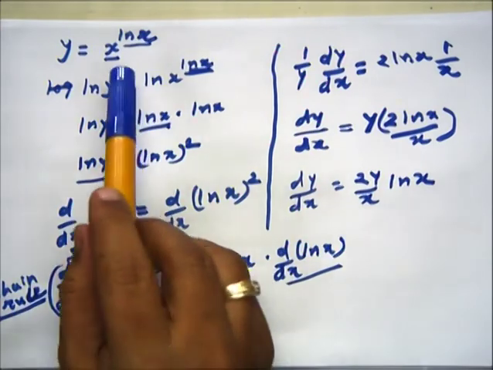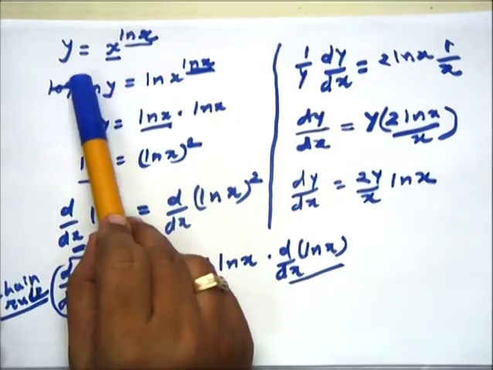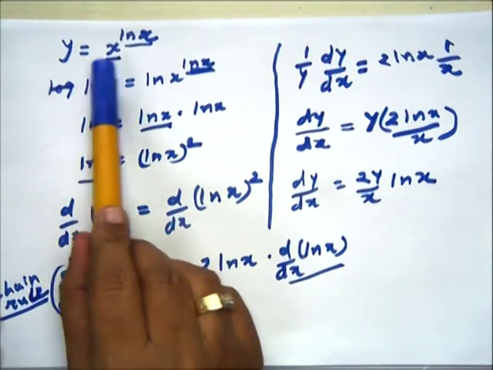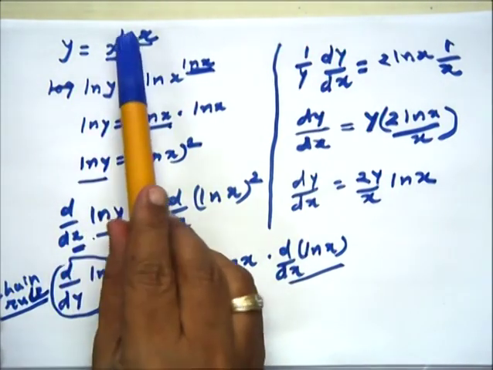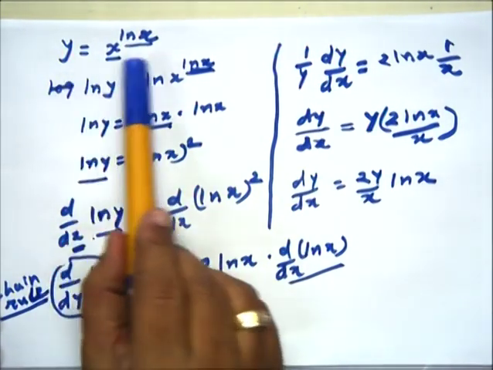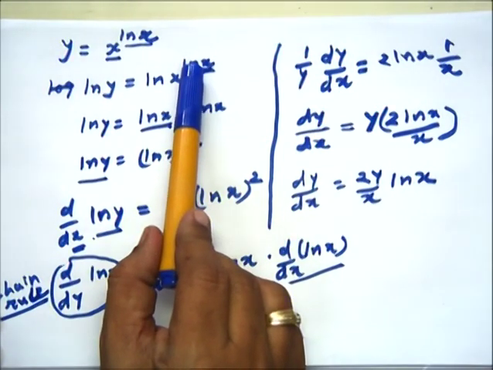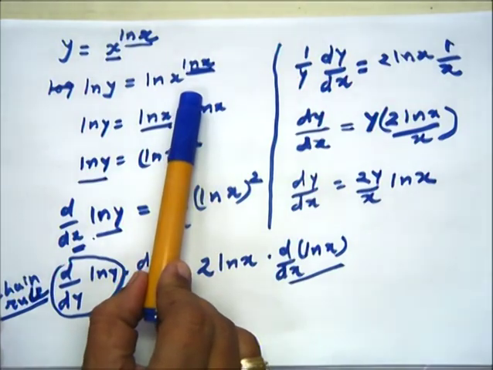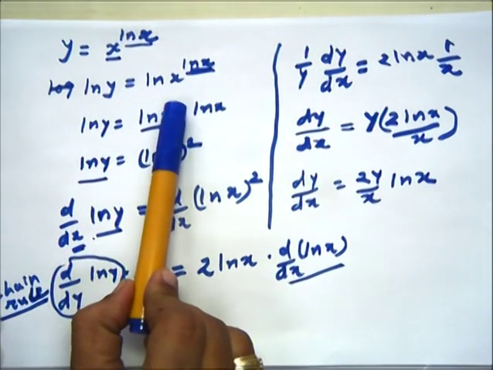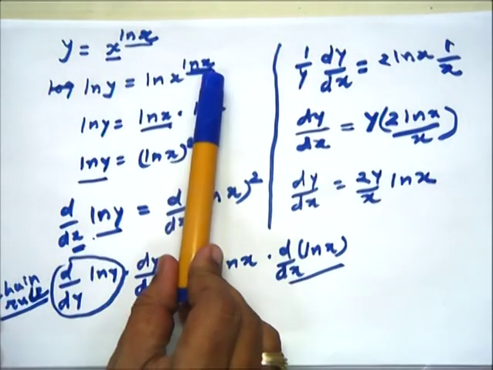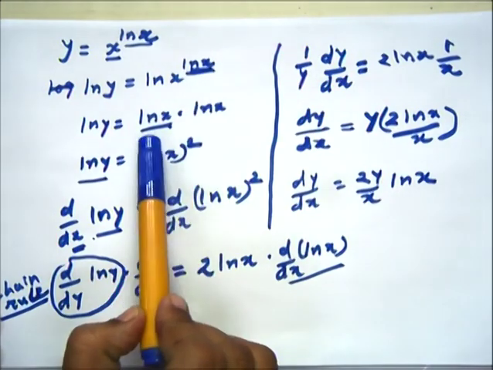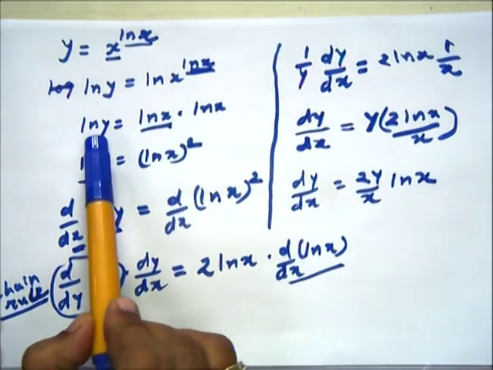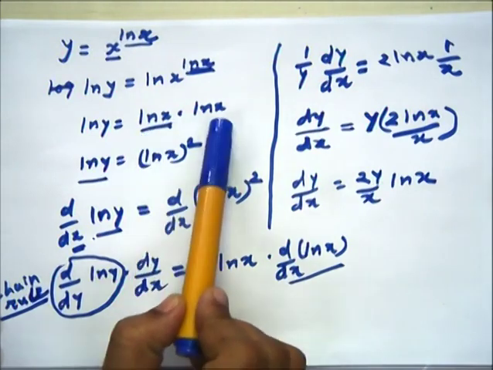Let us once again repeat what we have done. We have taken y is equal to x raised to log x as a function, and we want to get the derivative of y with respect to x. Taking log on both sides, we have log y is equal to log of x raised to log x. Now this log x we can take in the multiplication. So log y is equal to log x into log x.